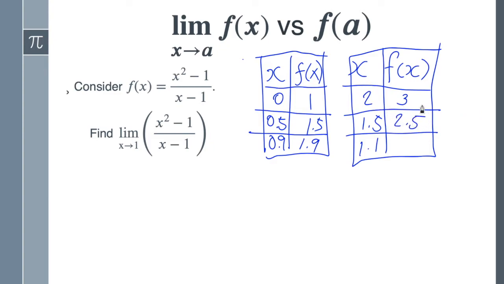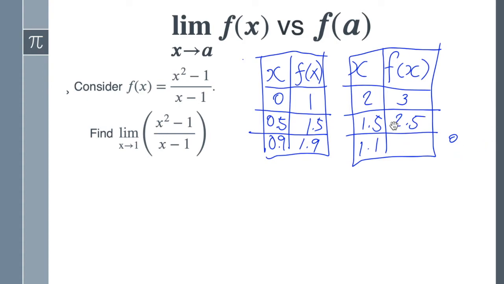And lastly, let's try 1.1. 1.1 squared minus 1 is going to give us 0.21 all over 1.1 minus 1, which is 0.1. Then 0.21 divided by 0.1, the answer is 2.1.